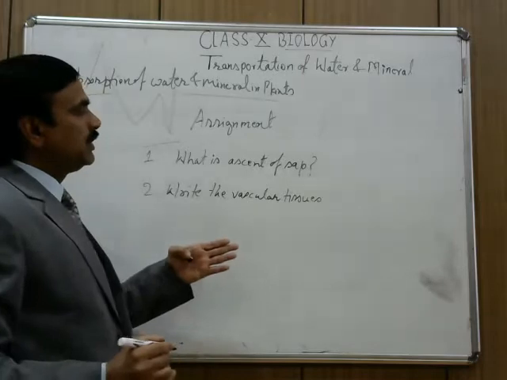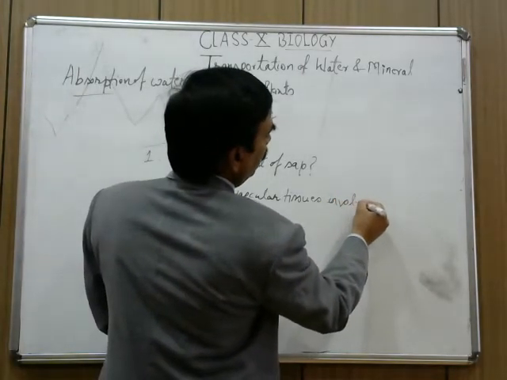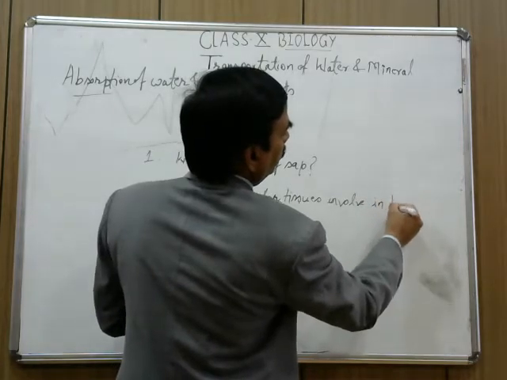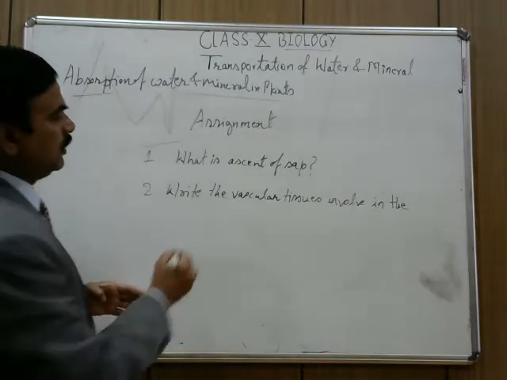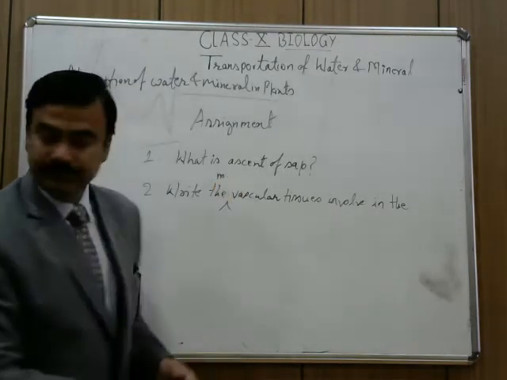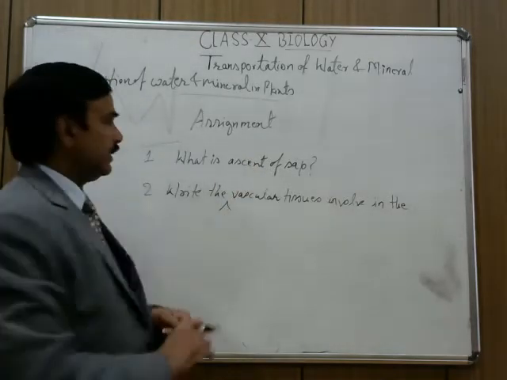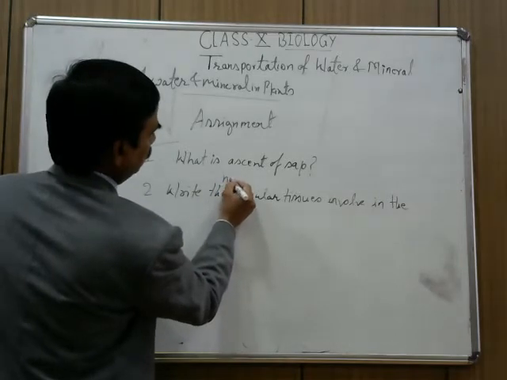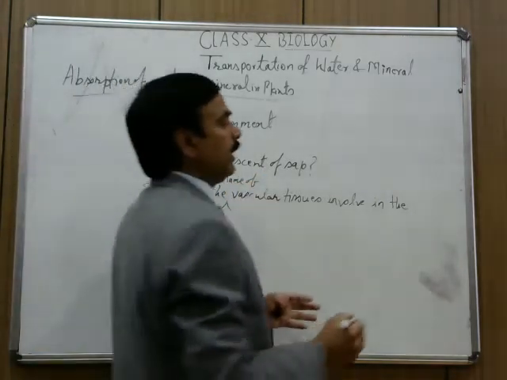Write the name of vascular tissues involved in the absorption of water and mineral: xylem tracheids and xylem vessels.